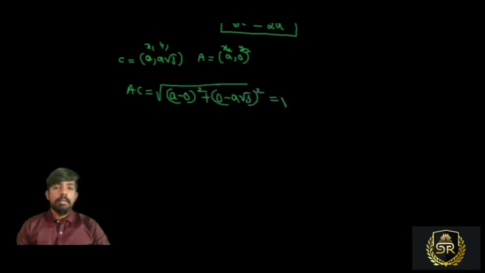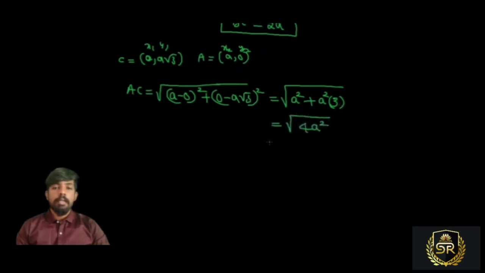So we get a square plus, here in the square we have negative, and negative will become positive, 3a square. 3a square plus 1a square is 4a square.